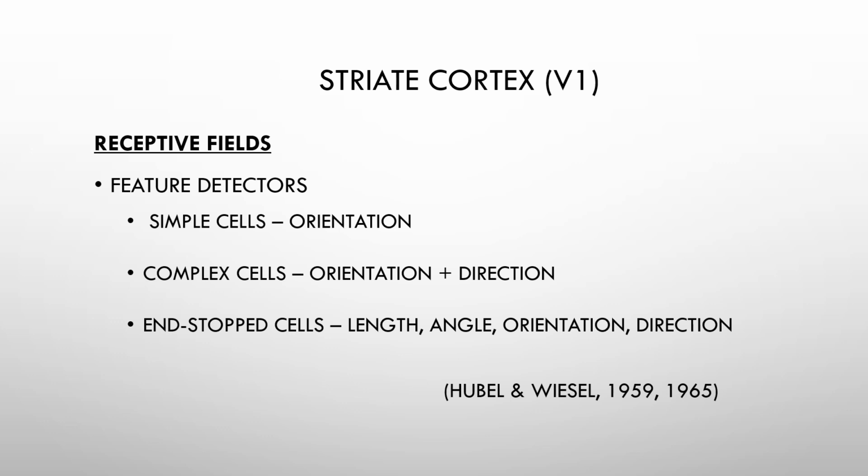End-stopped cells are sometimes called hypercomplex cells, but end-stopped cells is a great name because it's telling us where things are kind of stopping, right? So it's not just the orientation of the line and the direction of movement, but it tells me where that line stops. What is the length of that line in my visual field? And what is the angle?